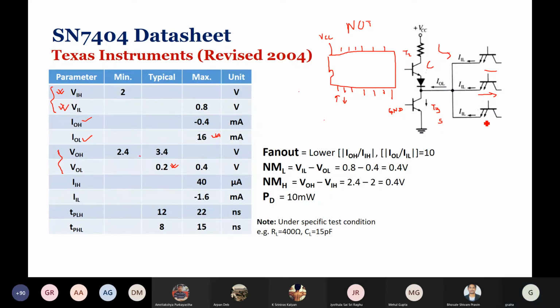Now, those who were in section P of the lab, maybe in other sections also it was discussed, why we are interested in this open collector kind of arrangement.